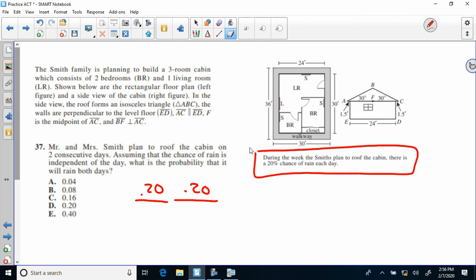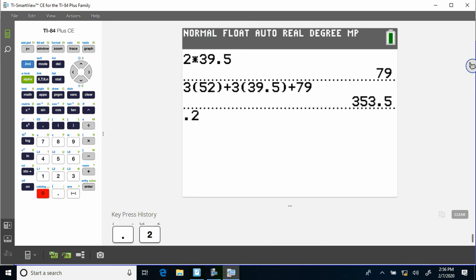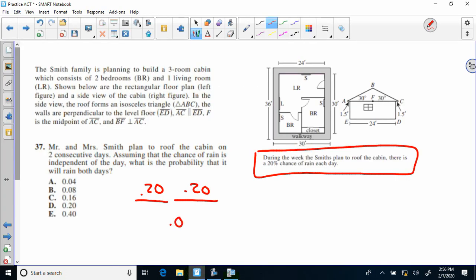So you're doing 0.20 times 0.20, and you should get 0.04. So there's only a 4% chance that it's going to rain both days on our beautiful little calendar. That's just probability straight across.